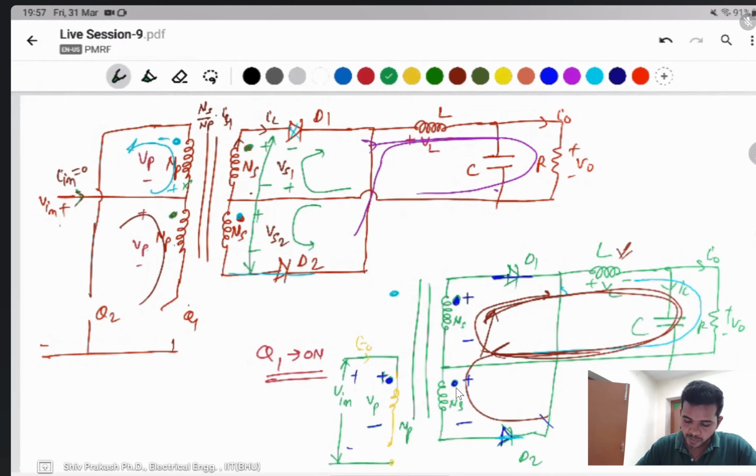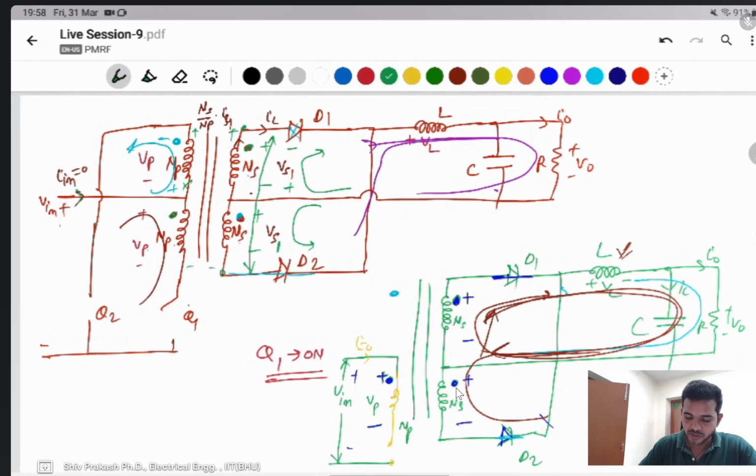This voltage is the secondary voltage from here to here. If you measure this one, then this one is also the primary voltage, and this should be balanced now. Because the number of turns is the same, VS1 is the same as VS2.